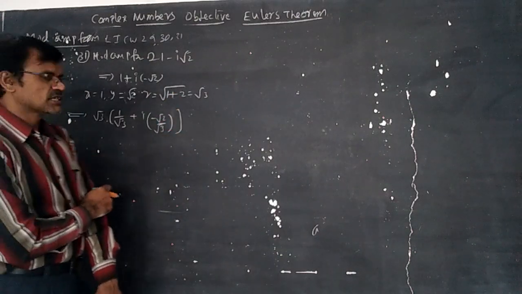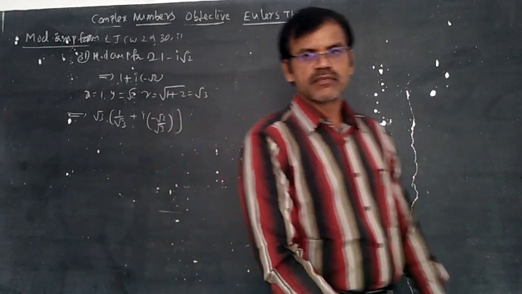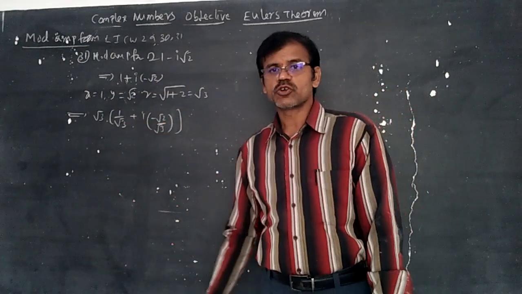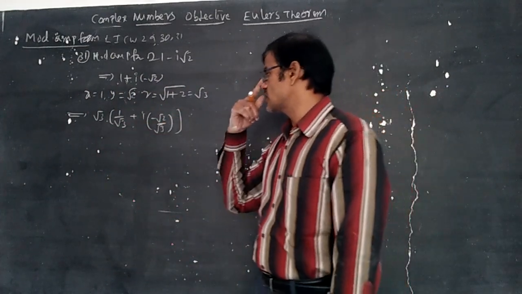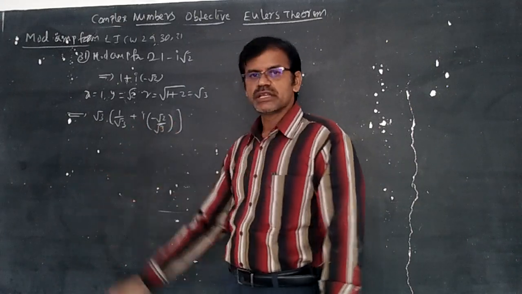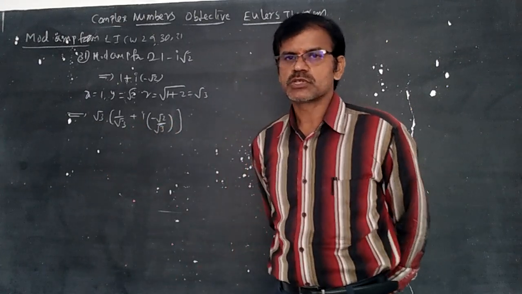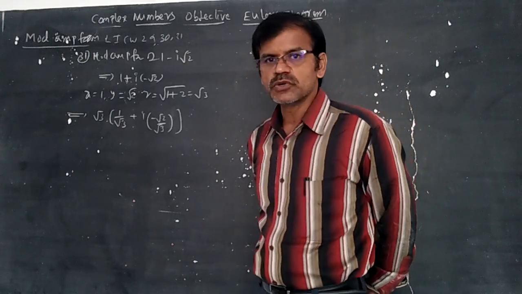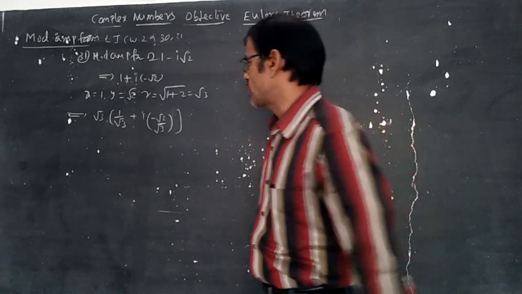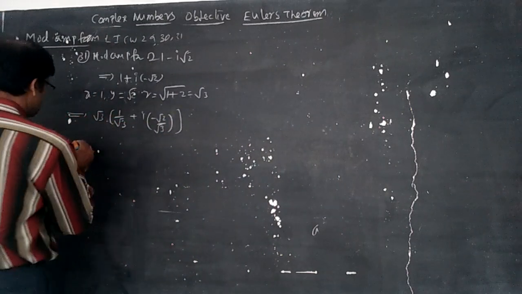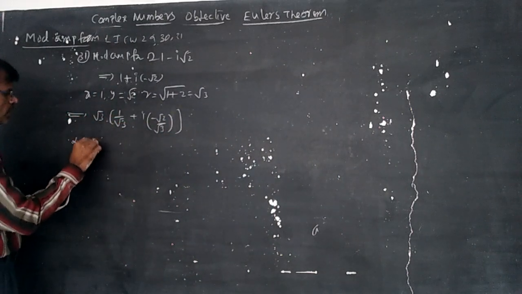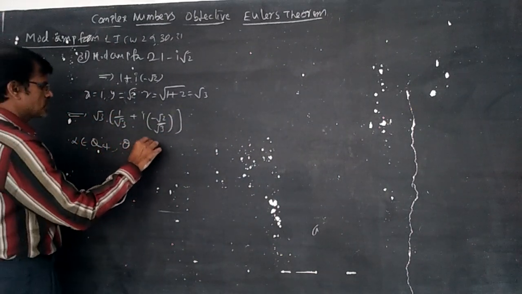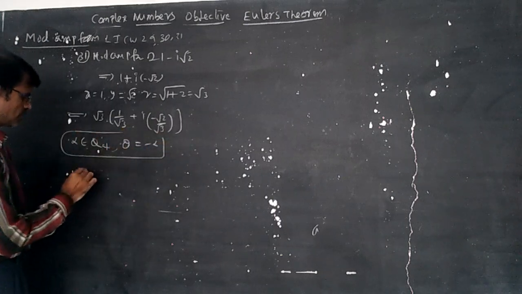There is no proper angle for cos theta, and for sin theta also there is no proper angle, but you can understand here: sin is minus and cos is plus. Which quadrant? Fourth quadrant. So theta is equal to minus alpha, where alpha belongs to Q4.